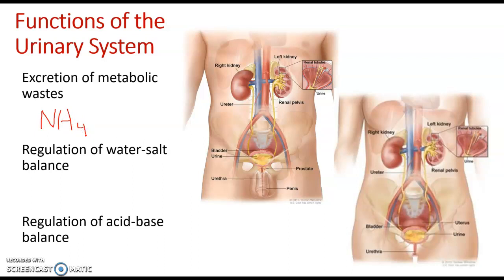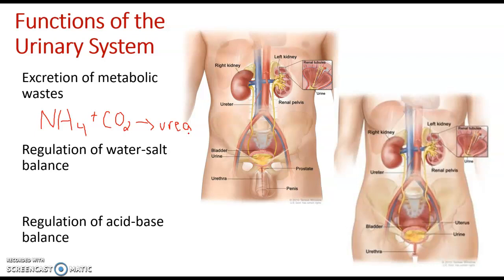And because it's so toxic, when it's present in the body, it's going to immediately combine with carbon dioxide, another toxic substance floating around in our bloodstream, to form a slightly less toxic substance called urea. So here we're getting to kind of the foundation of urine, right? Creating something less toxic out of two rather toxic substances.